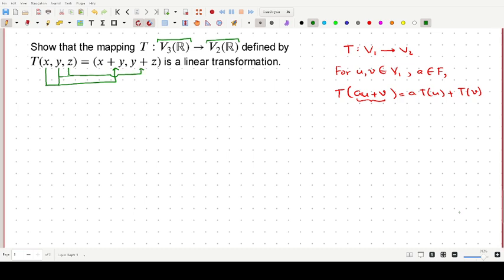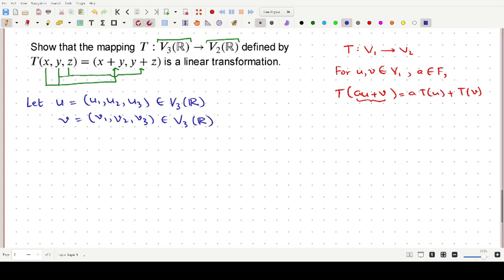Okay, so without much further ado, let us assume a u and v. So let u equals u1, u2, u3 belong to our R3, and let v equals v1, v2, v3 belong to R3 again.